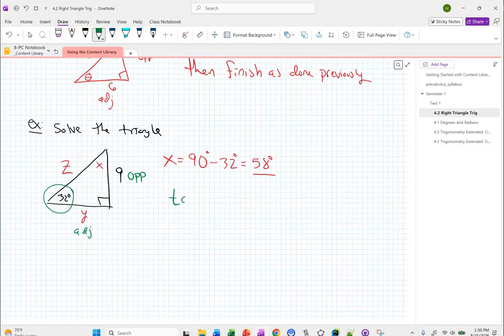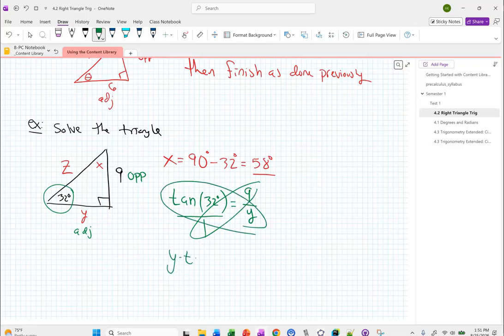So we'll write the equation tan 32 degrees equals opposite over adjacent. Now we've translated that picture into an equation. All I need to do now is solve for y. My recommendation for solving this algebraically is to write this as a proportion. So I'll put it over 1, and then we'll cross multiply. So y times tan 32 is equal to 9 times 1.